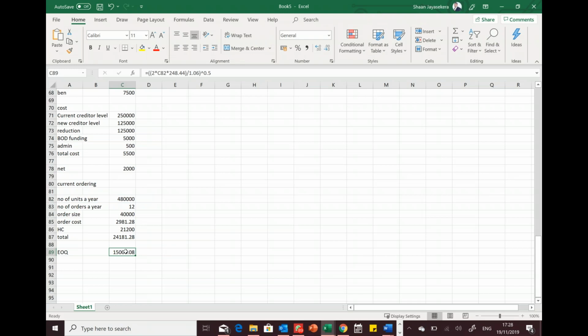So if I order these 15,000 units, my holding cost and ordering cost should be the same. So if you actually get it the same, you're technically right. So let's say order cost. The order cost now will be, that's the amount of units I need a year. If I divide that by that, that's the number of orders.